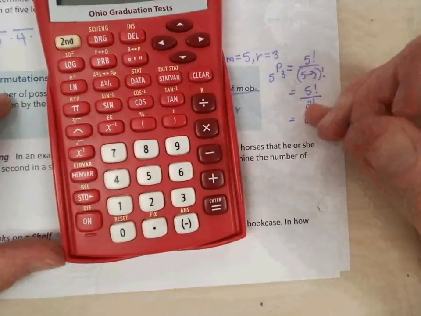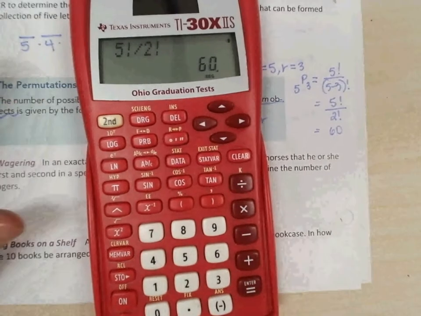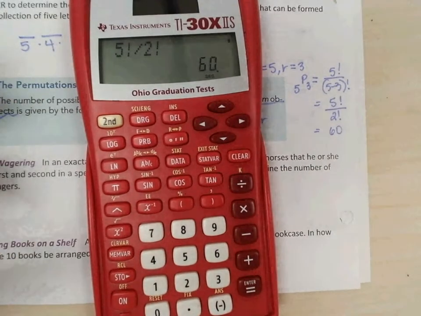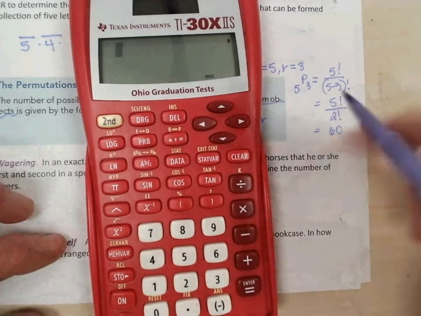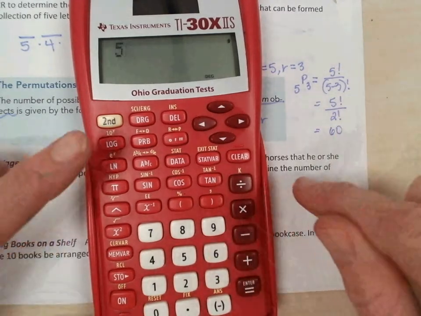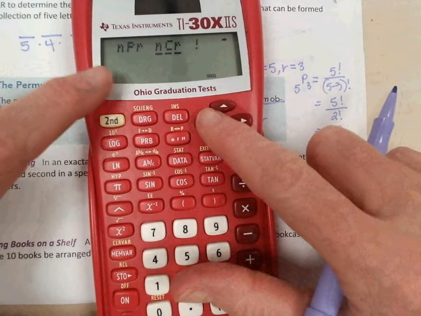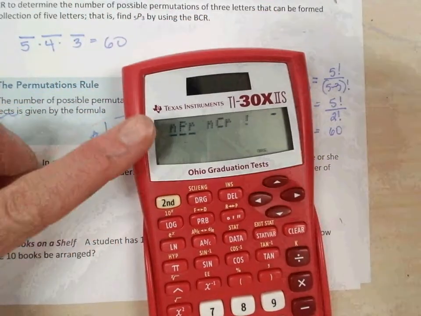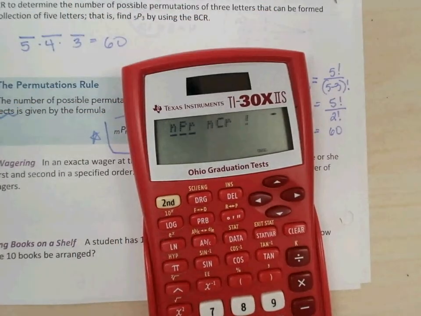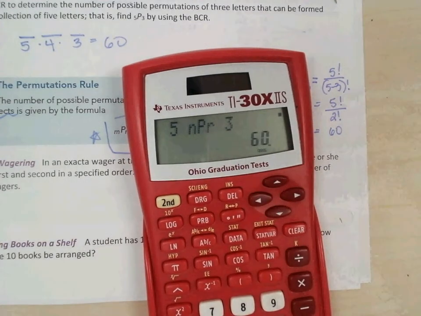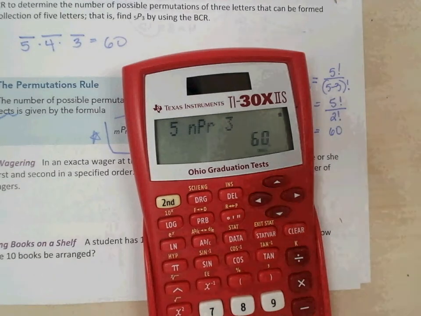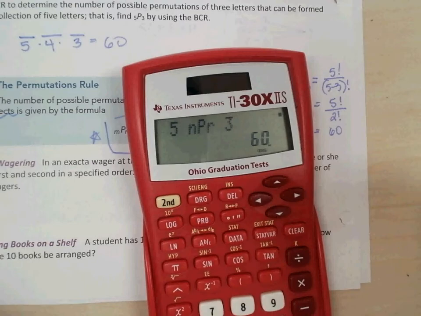Or, and I want you to know the different formulas. Sometimes the questions will reference the formula and not just the answer, so you do need to be able to distinguish between this formula and the one that's about to come. But there's also the option to hit 5 and then just the NPR. N and M are interchangeable in this situation, okay? So NPR and then 3. That skips the formula, does the formula itself, and just gives you the answer.